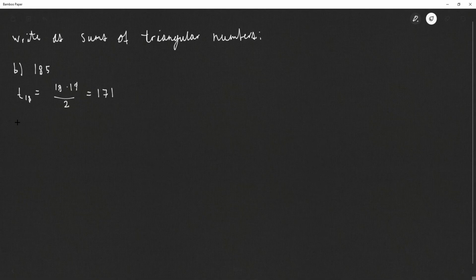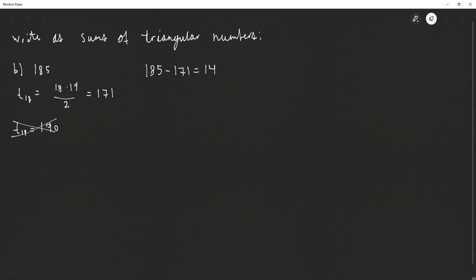But we know that we can't go any larger because t19 is equal to 190, which is obviously too big. So now we need to make up the difference. To find that, it's just 185 minus 171, which gives us 14. So now we know our base is going to be t18, plus whatever triangular numbers will add up to 14.